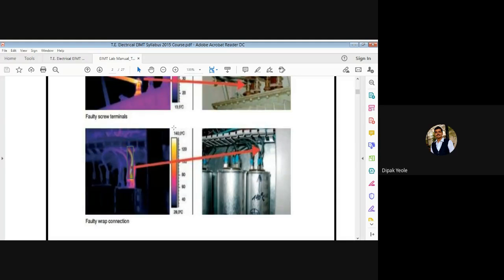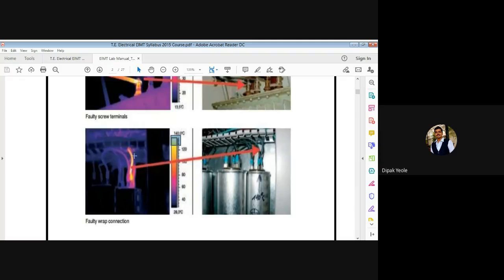You can see a range of 140 degrees Celsius is going to develop, and the minimum is 20 degrees Celsius. The axis they have used is based on the temperature: 40, 60, 80, 100, 120 and 140. So you can see nearly 130 to 140 degrees Celsius is observed, and this is the condition.